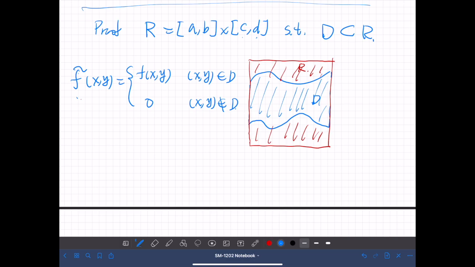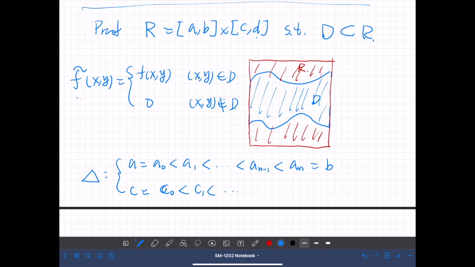Next, we define a partition delta, like a from a0 to a1 and so on up to a(n-1) and an, which is equal to b, and c from c0, c1, up to c(m-1) and cm, which is equal to d.